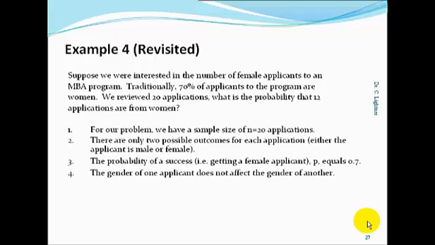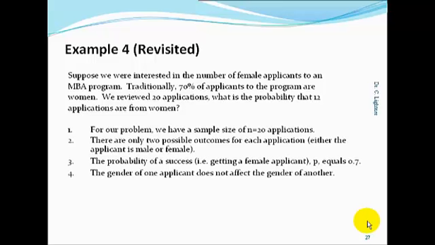For step 1, we determined that we have a sample size of n equals 20 items. For step 2, we identified that there are only 2 possible outcomes for each application. Either the applicant is male or female. In step 3, recall we named a female applicant a success since the question is asking about female applicants, and p is equal to 0.7.